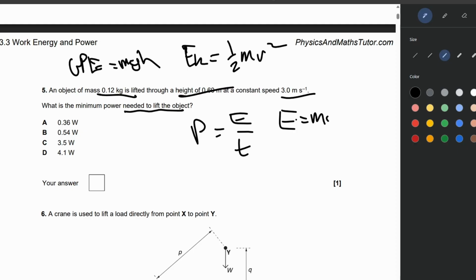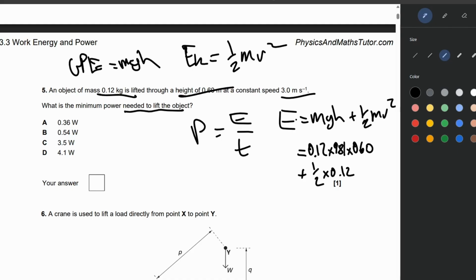Okay, mgh plus half mv squared. Well, mgh is equal to 0.12 times 9.81 times h, which is 0.60, plus half times 0.12 times v, 3, squared.